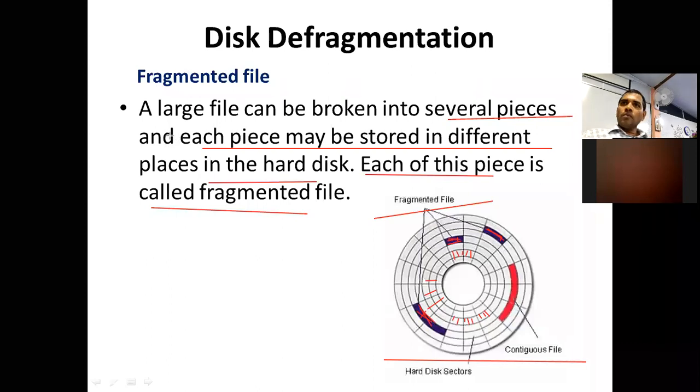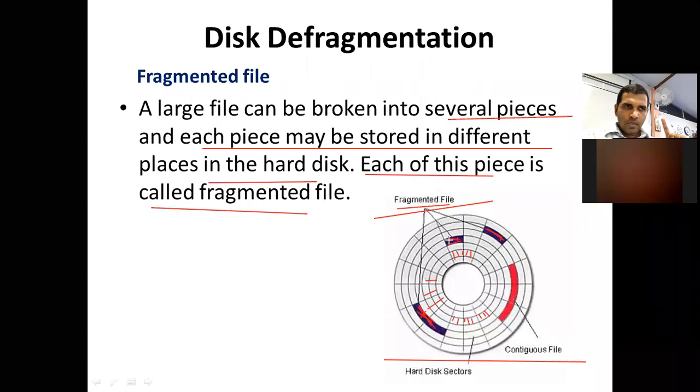So having fragmented files is a big problem. Why? What is the problem of having a fragmented file? Look here, as I told you earlier, listen to me very carefully. I have a fragmented file which has 3 pieces.